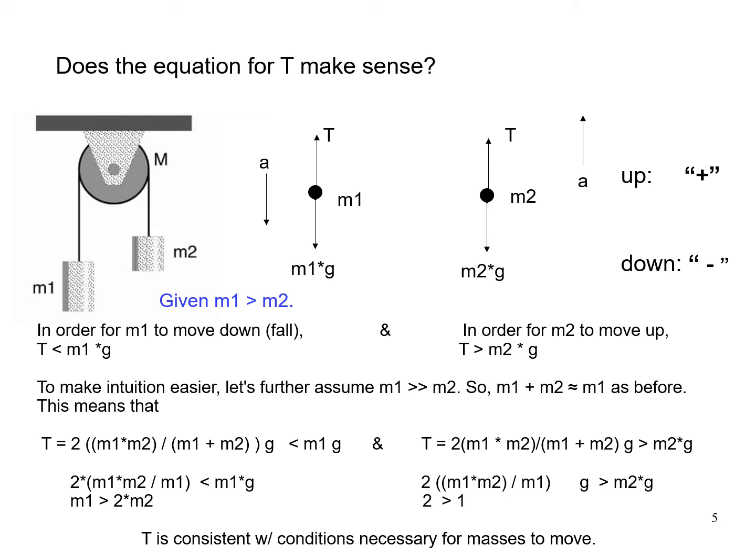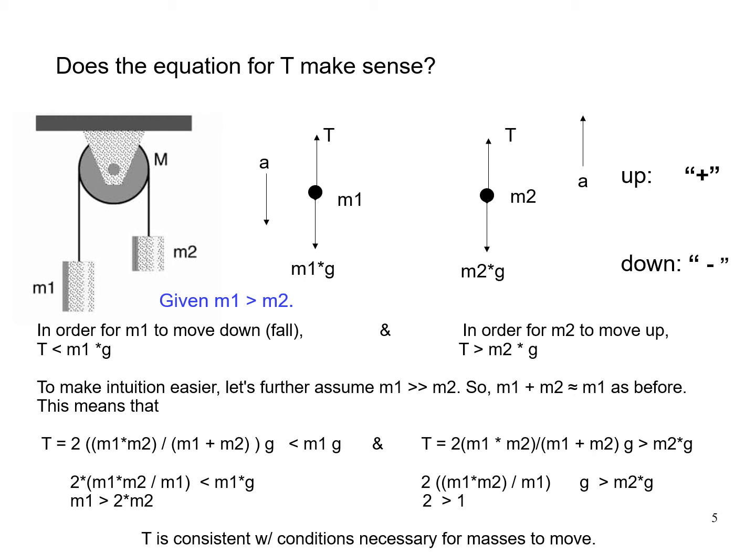To help us with the math, let's assume that m1 is much larger than m2. The double arrow sign means much larger than. Now, if m1 is much larger than m2, then the sum m1 plus m2 is approximately m1.